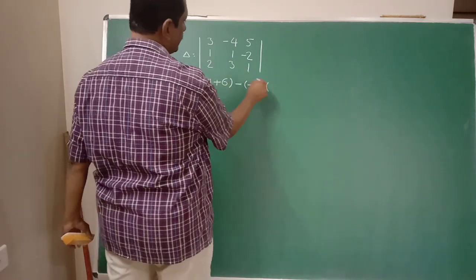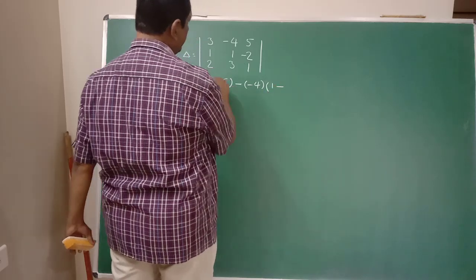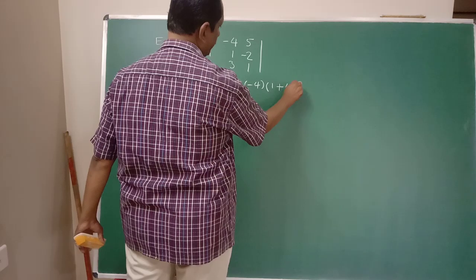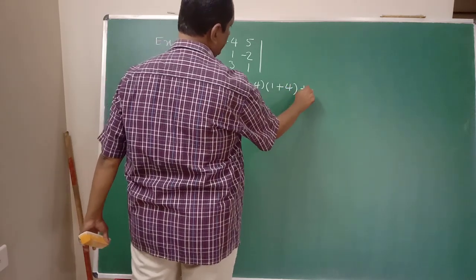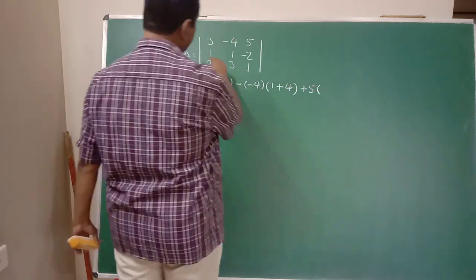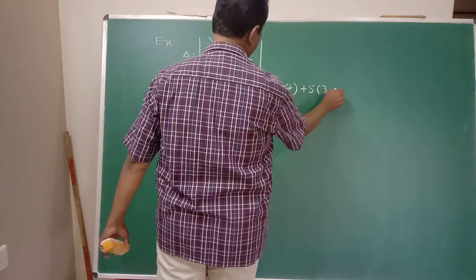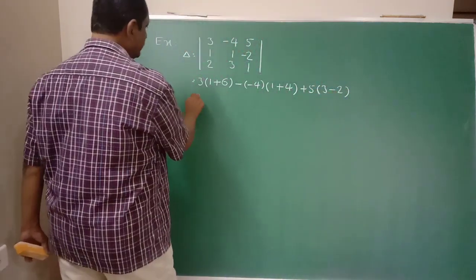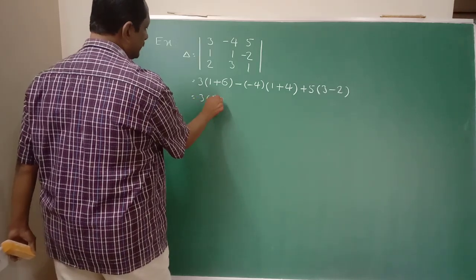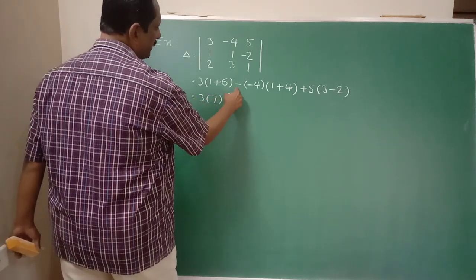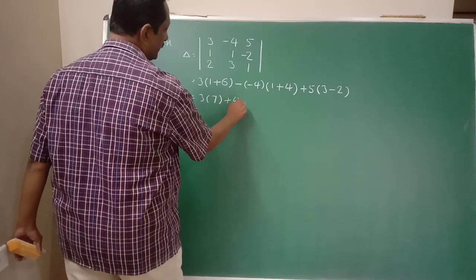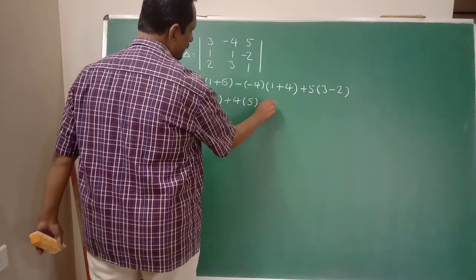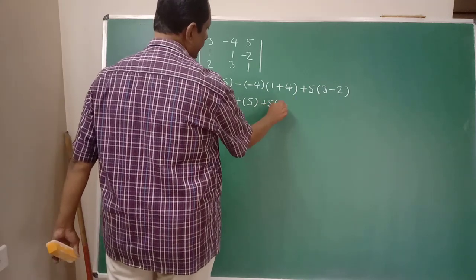Then 1 into 1 becomes 1 minus of 2 2s are 4, so 1 minus 4, minus into minus becomes a plus 4 here. Then plus 5 into bracket 3 1s are 3 minus 2 1s are 2. Hence this is equal to 3 into 6 plus 1 becomes 7, minus into minus becomes plus 4, 4 plus 1 becomes 5, plus 5 into 3 minus 2 becomes 1.